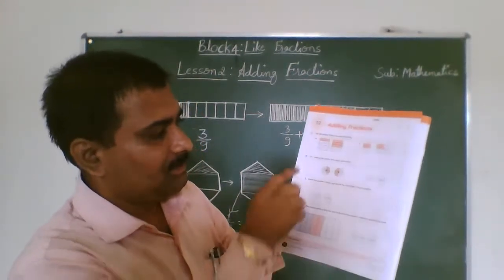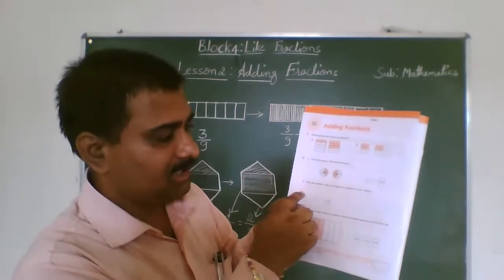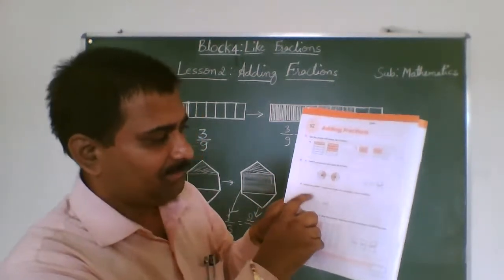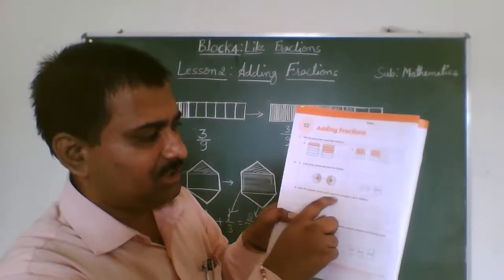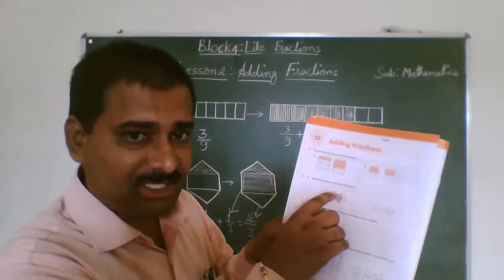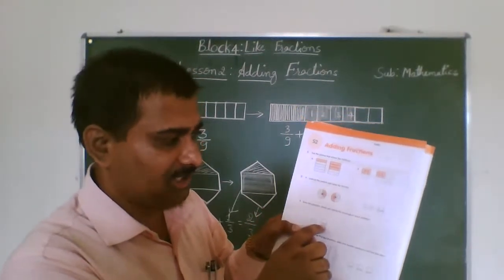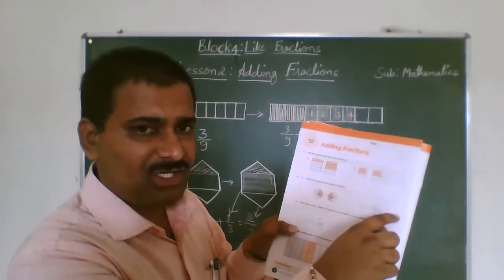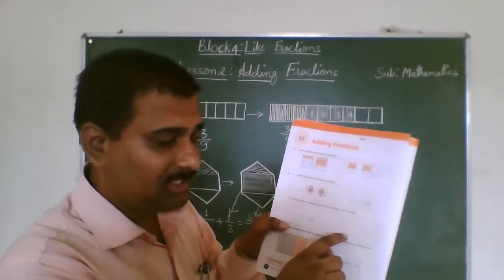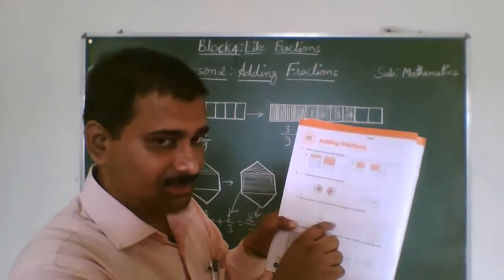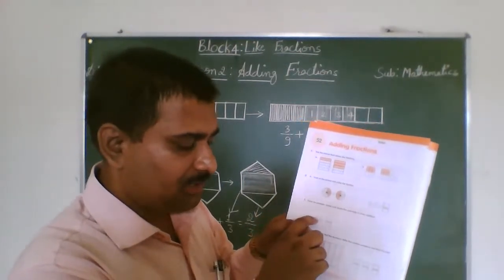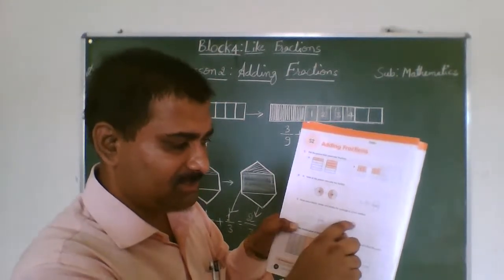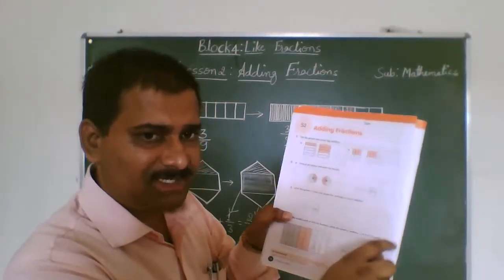Okay, now second B: solve the problem, divide and shade. Here, the difference between the second question and the first question is that here the pictures are already given, and our work is only to add. Here one more extra work is that this rectangle is given. You should make it 5 by 8 first, that means divide it into 8 parts.